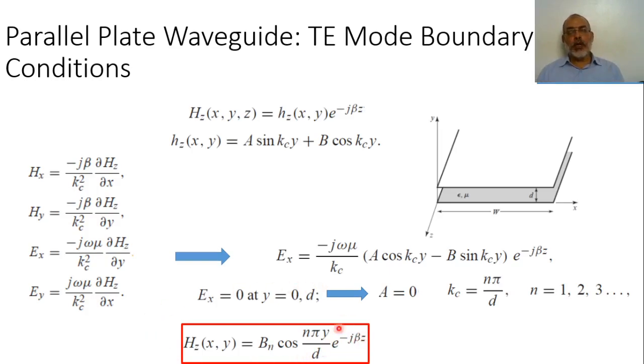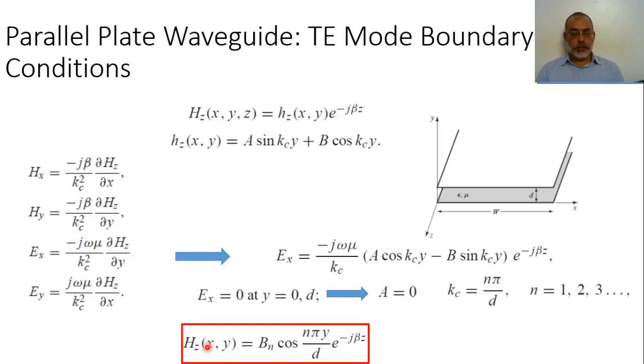Now we can determine the complete form of the longitudinal magnetic field. It is a cosine function, and the value of Kc is n pi over d, where n equals 1, 2, 3, and so on.